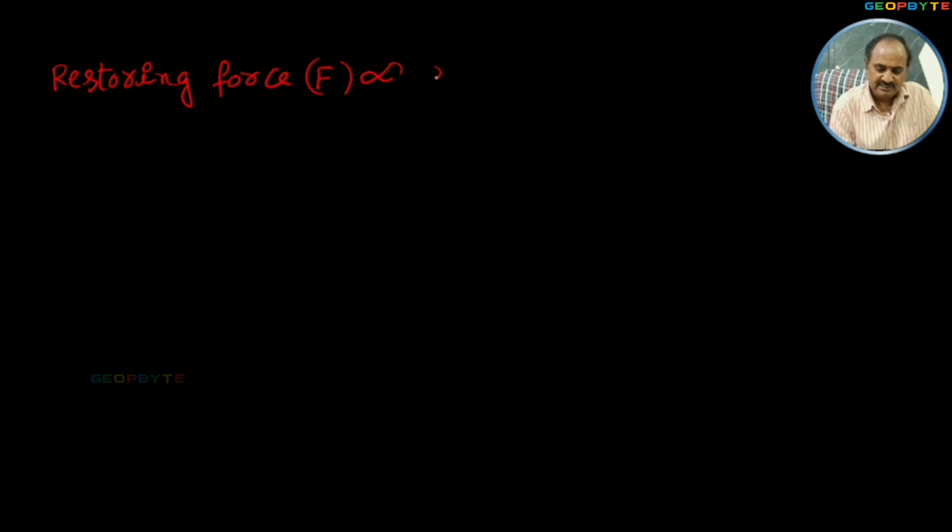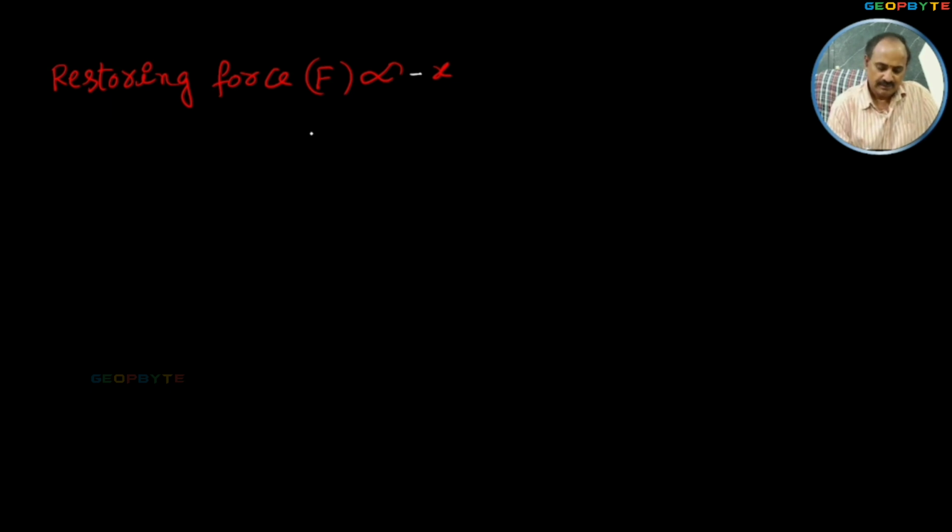Therefore, let me write it clearly. The restoring force F is proportional to displacement, but written with a negative sign because the restoring force is always opposite to the deflection of the elastic body.